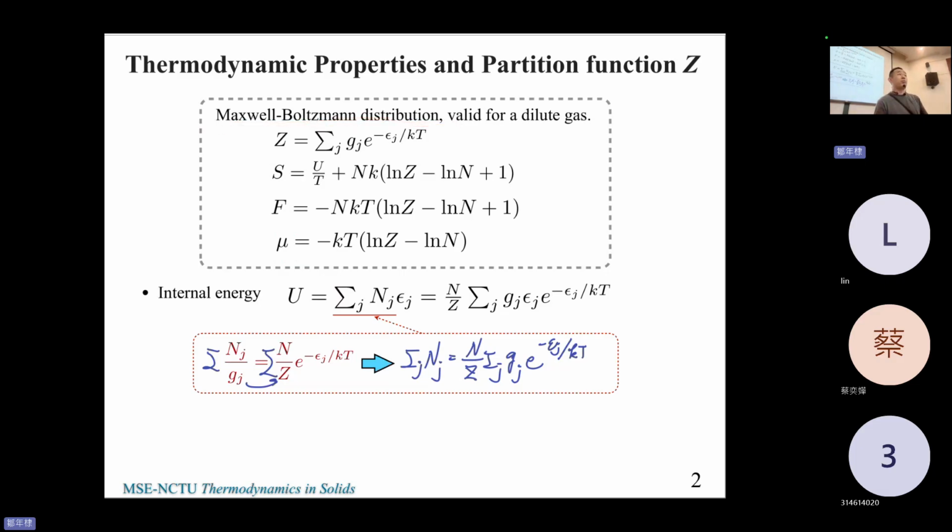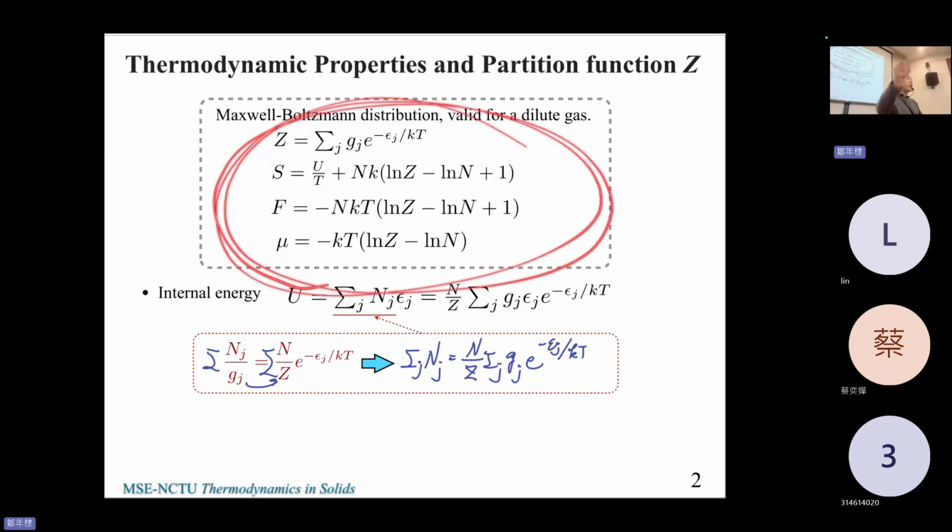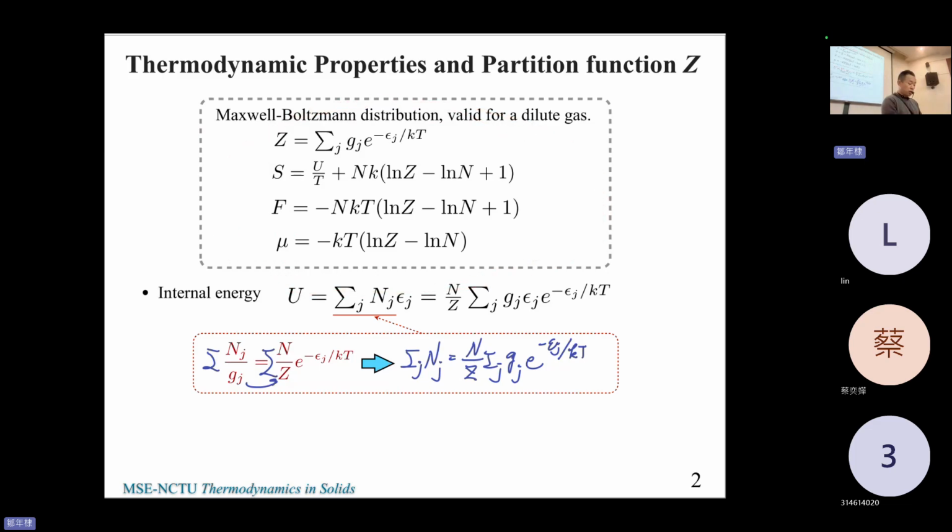You cannot just memorize all this and write it down. You should use the same method, the same procedure, using Z to determine things, because you won't have the same Z for a different distribution. So you will have a different S and F and mu and so on and so forth. You need to be really careful about this.